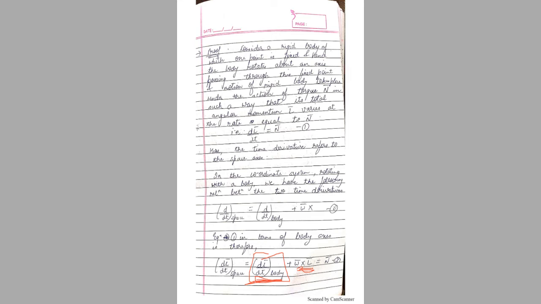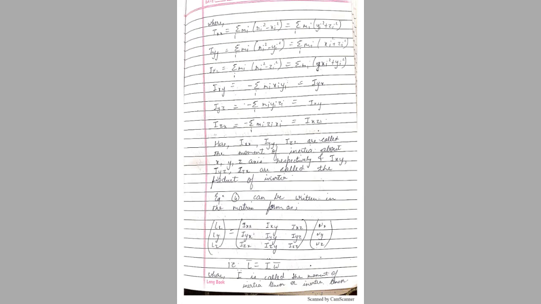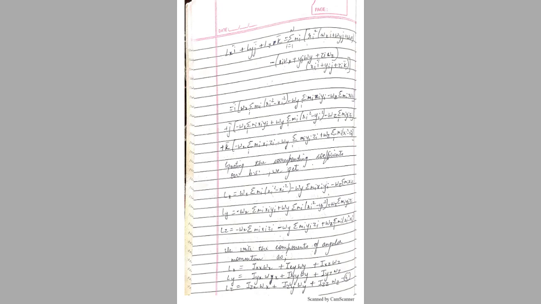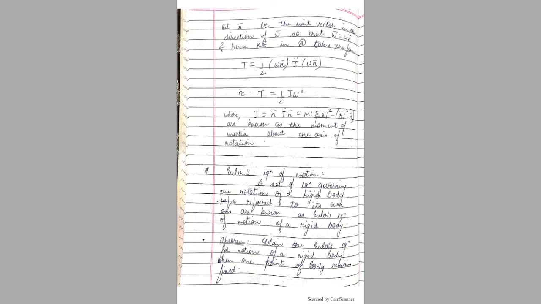Before that we should know what L vector is, the quantity regarding the angular momentum. This you have already proved in the last question. L vector is equal to I double dot into omega bar. What is I double dot? Moment of inertia tensor. If you don't remember, I'll take you back to that equation we have already studied, where you have also proved the value of L vector.